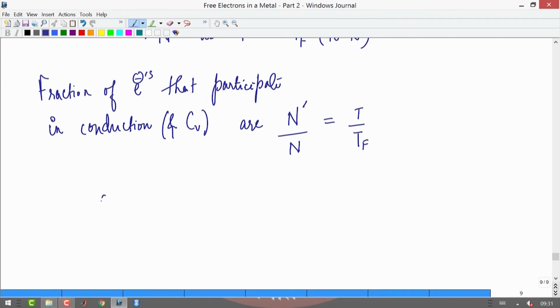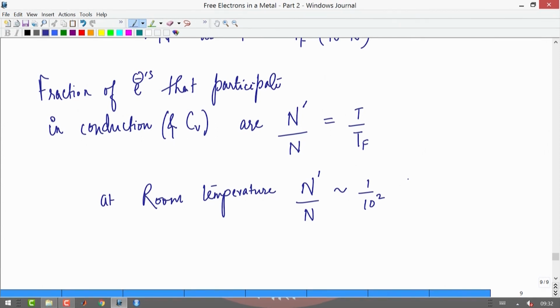And at room temperature, you can now see that this is a very small fraction. So, this fraction of electrons that participate in heat capacity, at room temperature is usually of the order 1 upon 100, because your room temperature is 300 Kelvin.